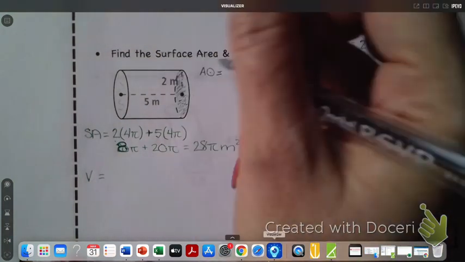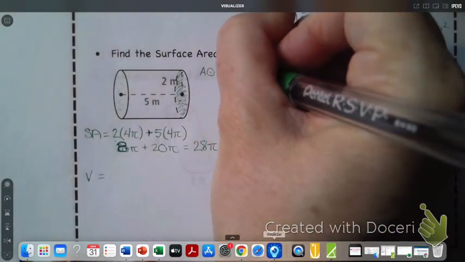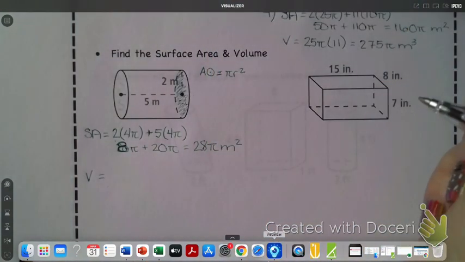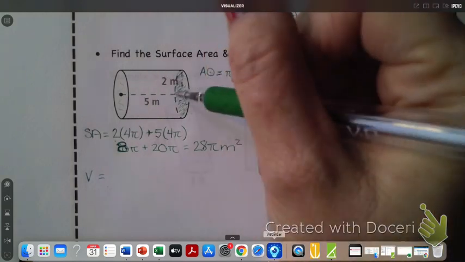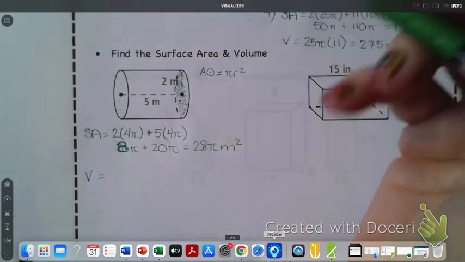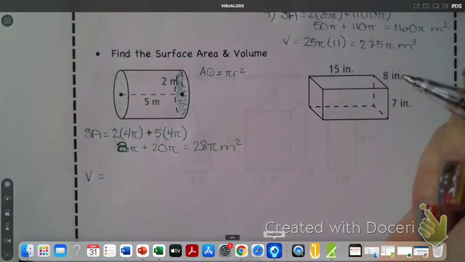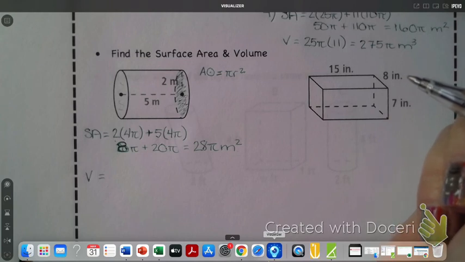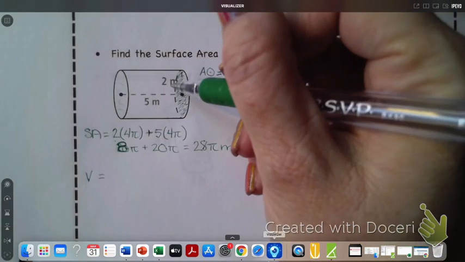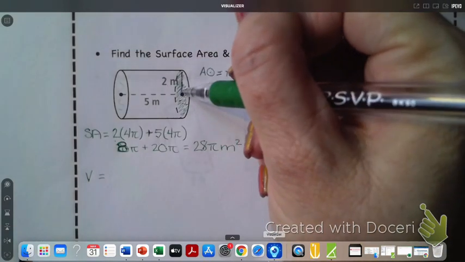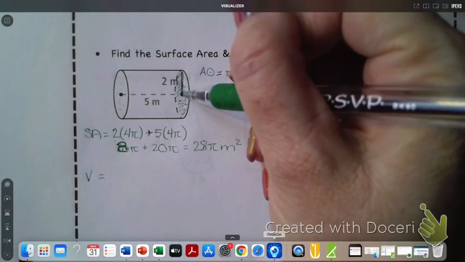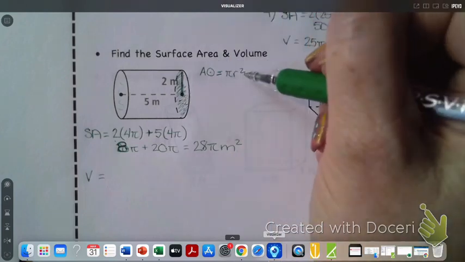Okay, the area of a circle is pi r squared. So what is the radius of the circle? Okay, what is the radius of the circle? 2. So it's 2 squared times pi.